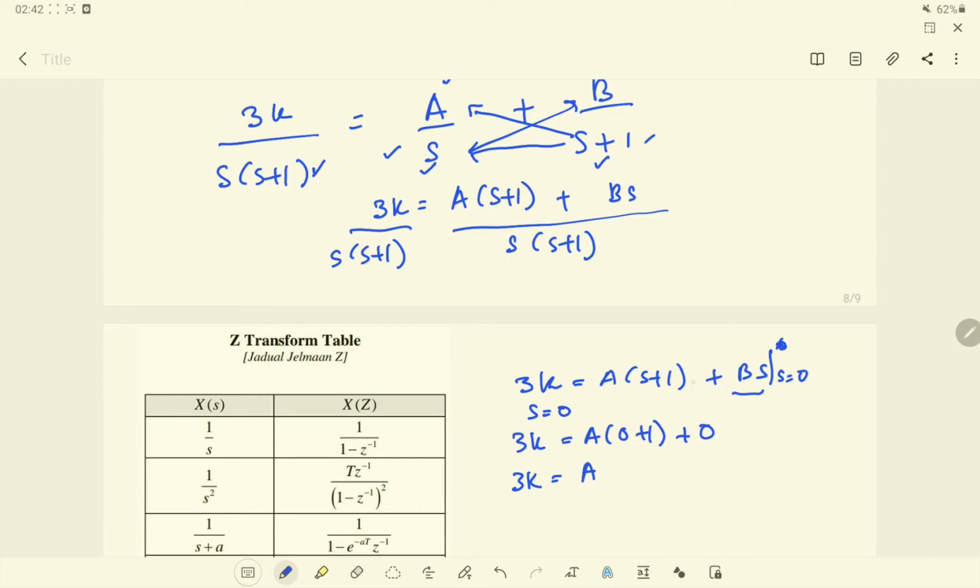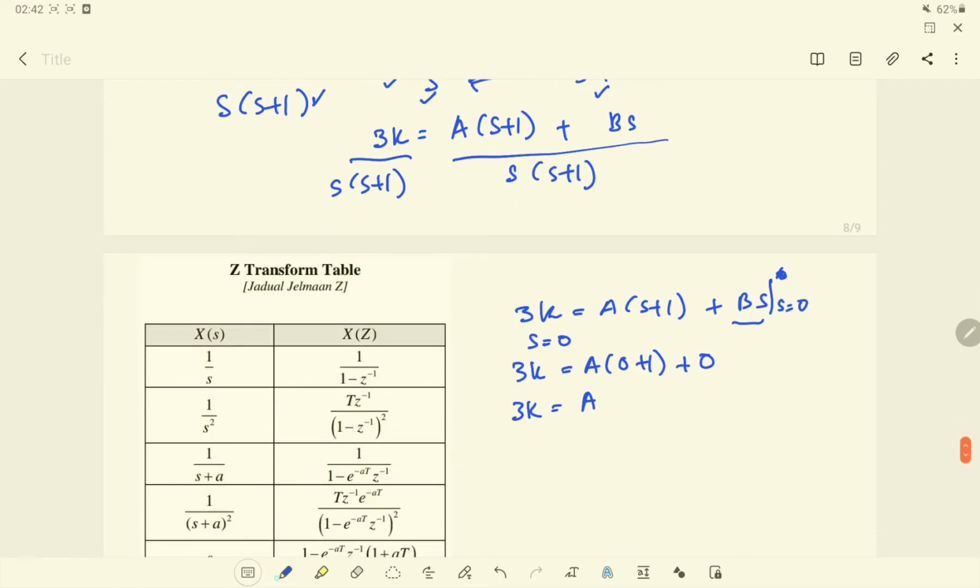To make the other term 0, s must equal negative 1. So when s equals negative 1, 3k equals A times (negative 1 plus 1) plus B times negative 1. Therefore B equals negative 3k. That's the value of A and B.